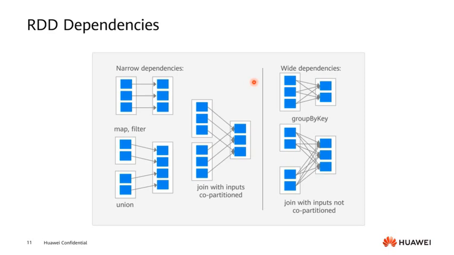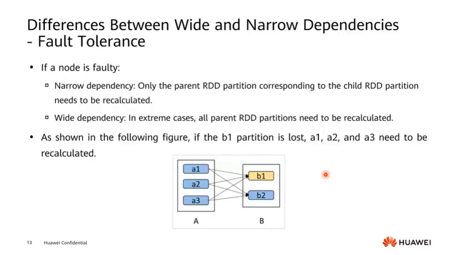It's easy to memorize. The dependency can also be indicated by the lineage, which means an RDD remembers how it evolved from another RDD using a lineage. Wide and narrow dependencies are also different in fault tolerance. Obviously, for the narrow dependency, if one child RDD is lost, only the parent RDD partition corresponding to the child RDD partition needs to be recalculated.